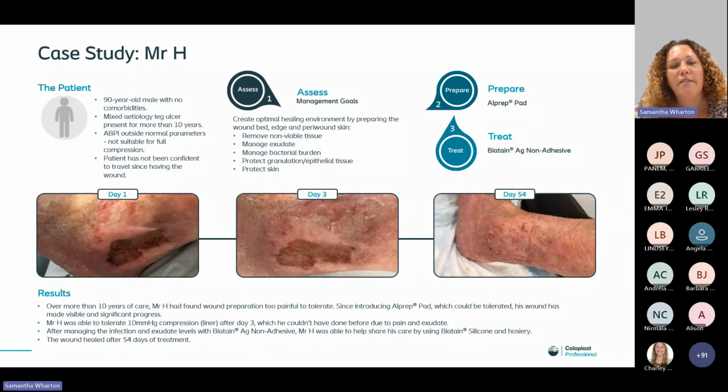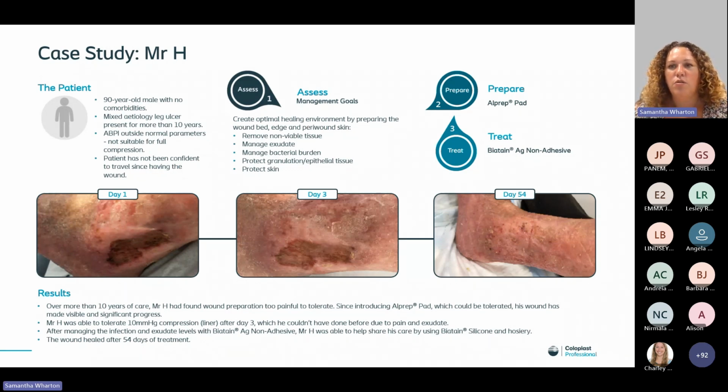So an assessment was carried out to find those management goals. The management goals were to create that optimal healing environment by preparing the wound bed, wound edge, and peri-wound skin. So remove that non-viable tissue, manage the exudate, manage bacterial burden, protect the granulation and epithelial tissue, and protect the skin.